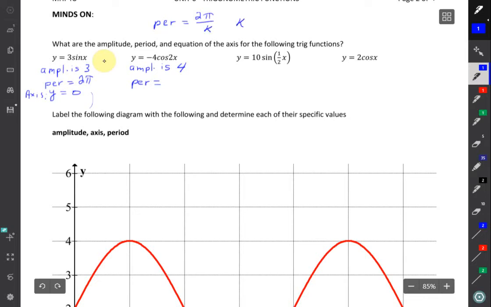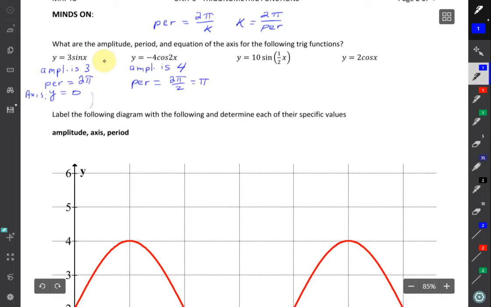Similarly, the k value in the equation is equal to 2 pi divided by the period. 2 pi divided by the k value, which is 2, gives us a period of pi.